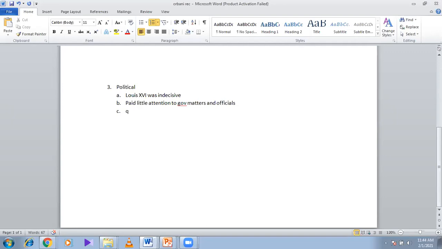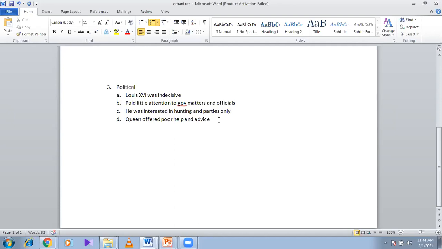C, the Queen offered poor help and advice. Oh, here we need to add, so you can do it in order, that he was interested in hunting and parties only.